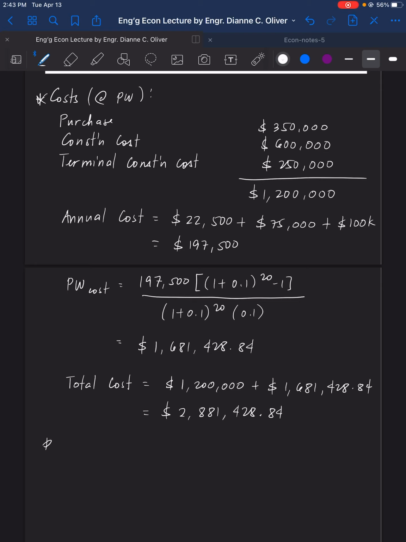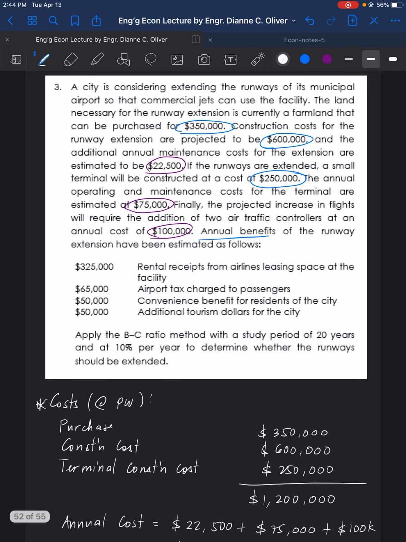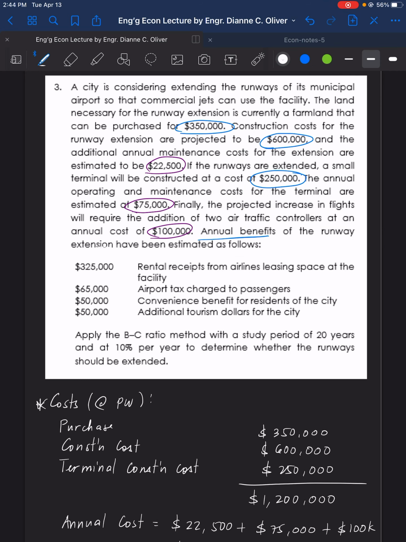Next, let's go to the benefit. So these are all the benefits. Let's use the color green. So these are all the benefits. Are these in present worth or are these in annual worth? Rental receipts, airport tax charged to passengers, convenience benefit, additional tourism dollars for the city.